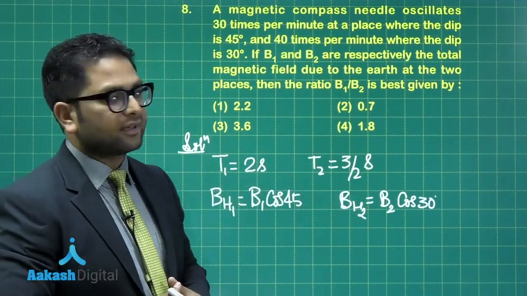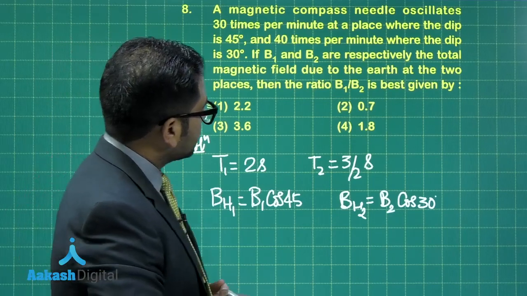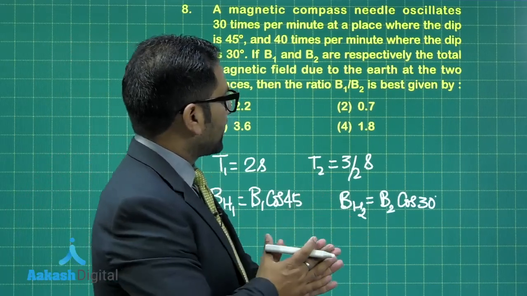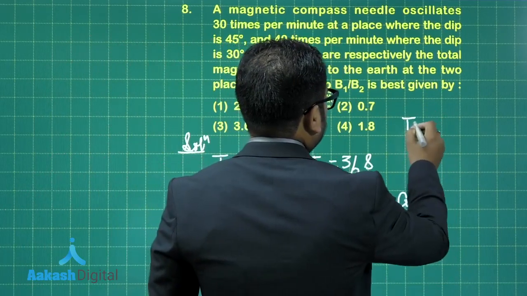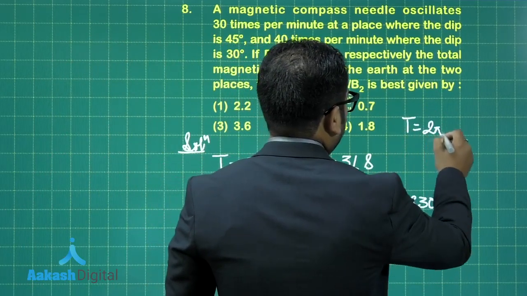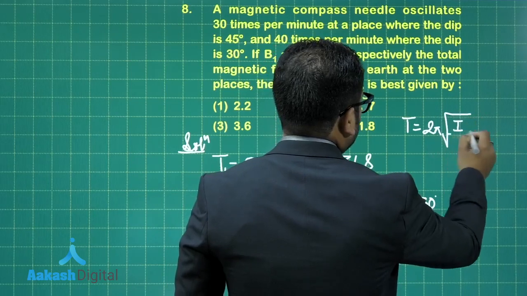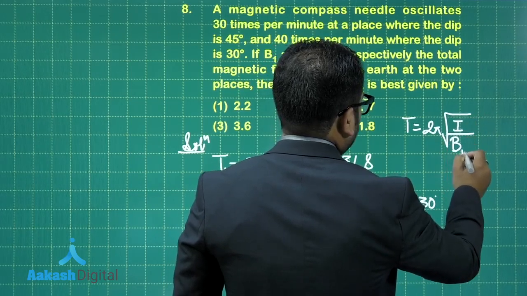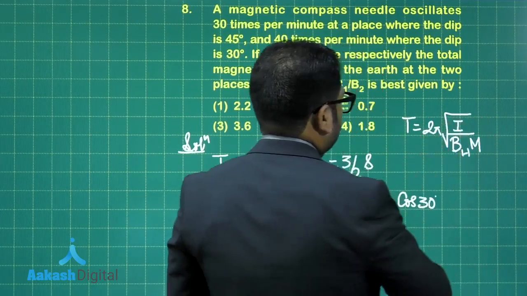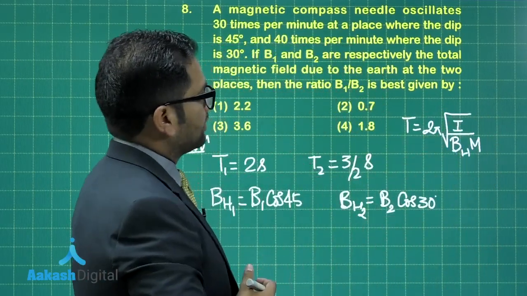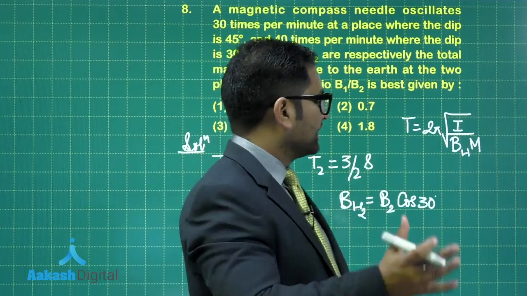and the time period has been given. And what is supposed to be found out? Yes, we need to calculate the ratio of B1 is to B2, and we know the time period is 2 pi under root I upon the horizontal component of the field multiplied by the magnetic moment of the oscillating needle.